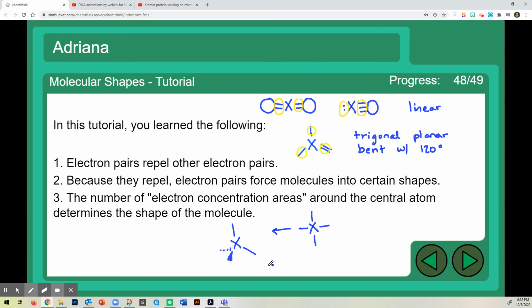Our tetrahedral shape, right? And so you're going to have several things. If you have atoms attached to all of them, right? If you have atoms on each of these 4 electron areas, right? Let me just highlight these are the 4 electron areas here. 1, 2, 3, 4. If you have atoms bonded to all of them, you're going to end up with a tetrahedral.